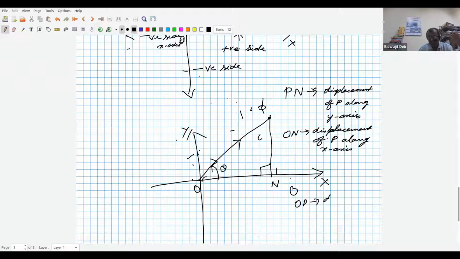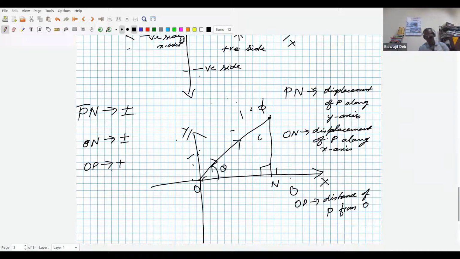OP is the distance of P from O. Under this setup, the possible sign of Pn may be positive or negative, On may be positive or negative, but OP is always positive.